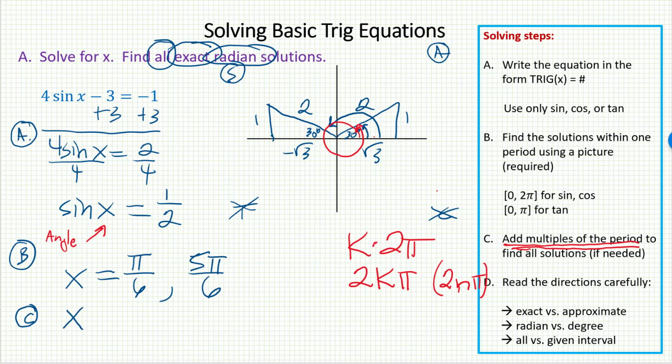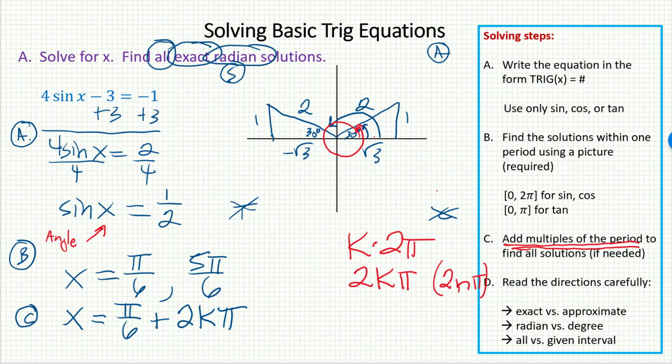What we're saying is, some of the solutions are pi over 6 plus multiples of 2 pi. Notice that k stands for an integer, which means it could be negative as well as positive. You could rotate around counterclockwise. You can rotate around clockwise. It doesn't matter.